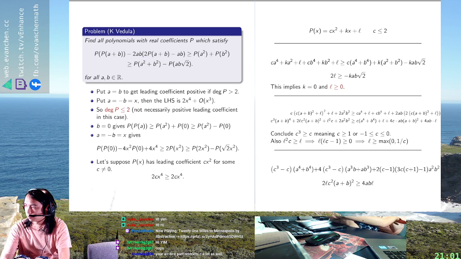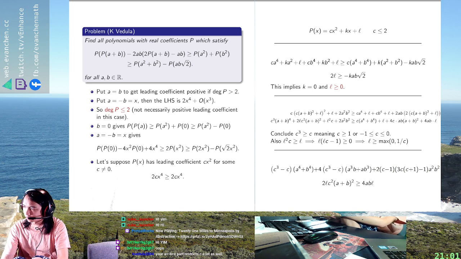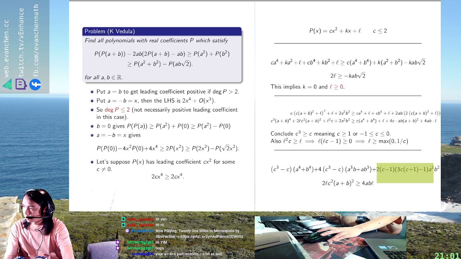Okay, can I use this as my crutch? If C is some slightly negative thing, this will be some nice a squared b squared term that I want to lump in with a leftover L or something.